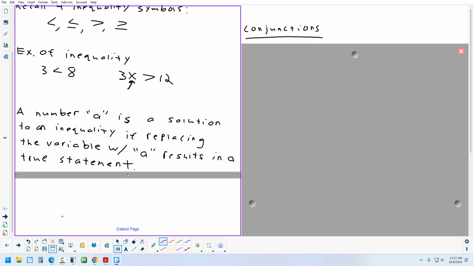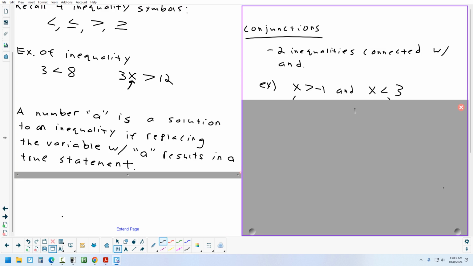So it would be and. So conjunctions have to do with the word and. It's when you take two inequalities and you put them together with the word and. Just like that. So that says x is greater than -1 and x is less than 3.